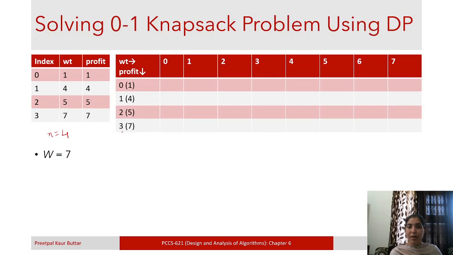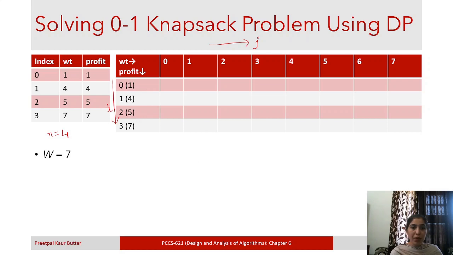So this is a similar kind of matrix which we saw in the coin change problem. So the approach is very much same. Okay, so weight is 7, therefore we created this horizontal axis, that is the number of columns, equal to 7 starting from 0. Okay, and here on the vertical axis, which is indexed with variable I, we have the profits.